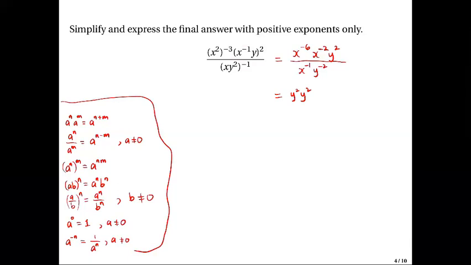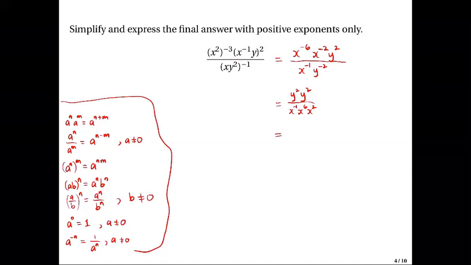And then on the denominator, we have x to the negative 1, but these expressions here will go down to the denominator. So we will have now x to the 6, x raised to positive 2.